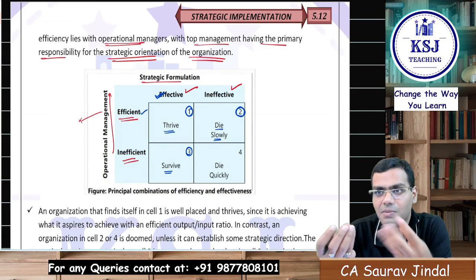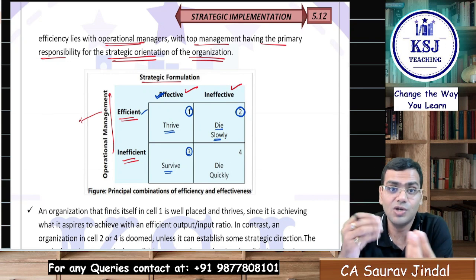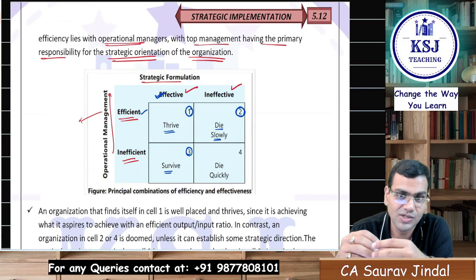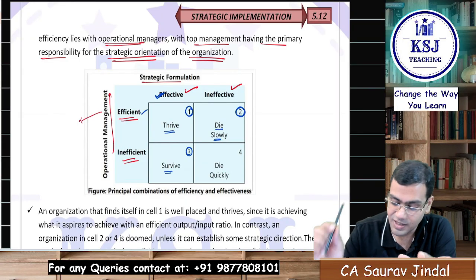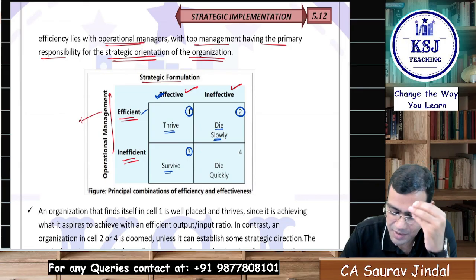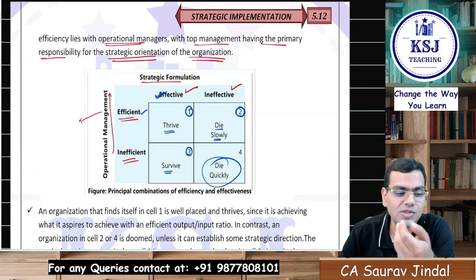Somehow you are able to generate 8,000 units. So with good strategy, you will be able to sell and generate good profits from those 8,000 units. You will survive, but not thrive. Then if your formulation is ineffective and your operations management is inefficient, you will die quickly, because you have nothing good in it.